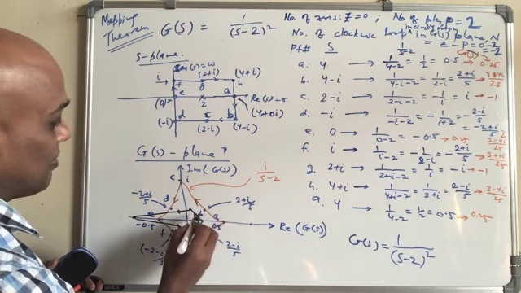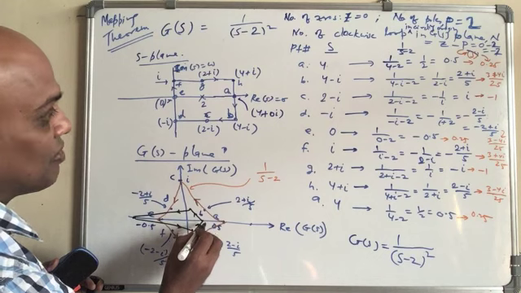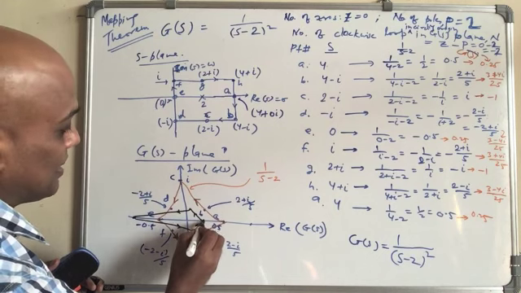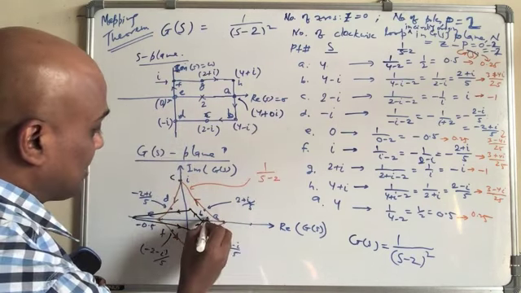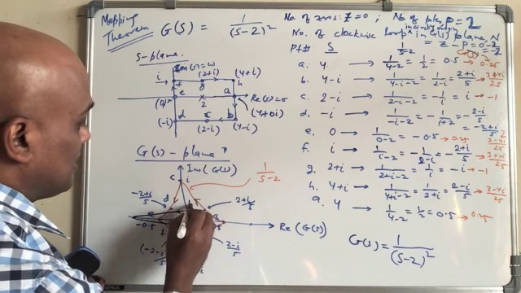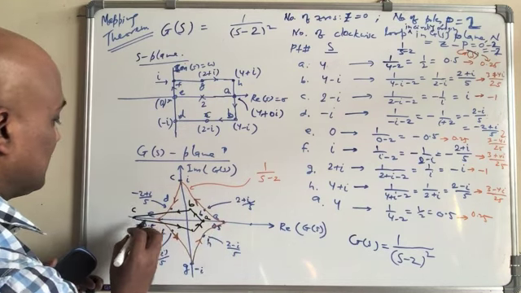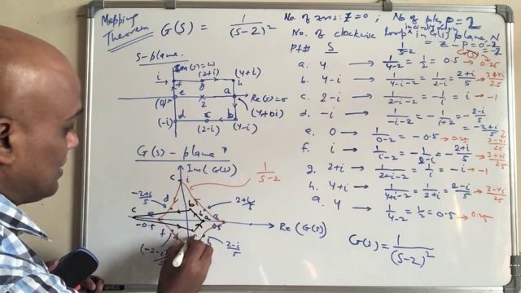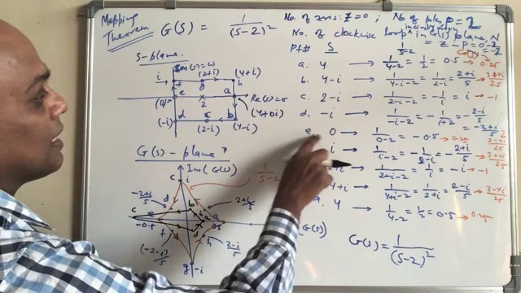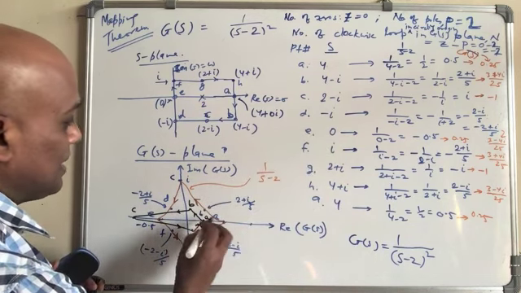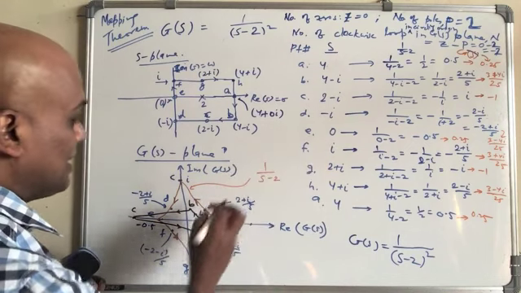So we started from this point. This was point A, this is B, this is C, then this is D. Then it comes back to the original, E, and A and E are at the same place.